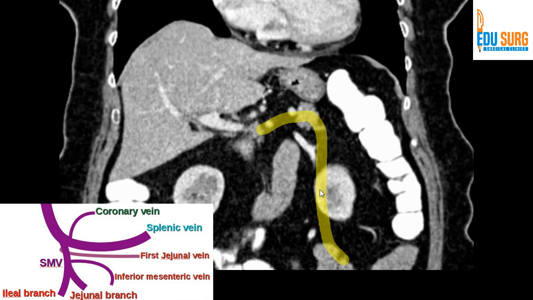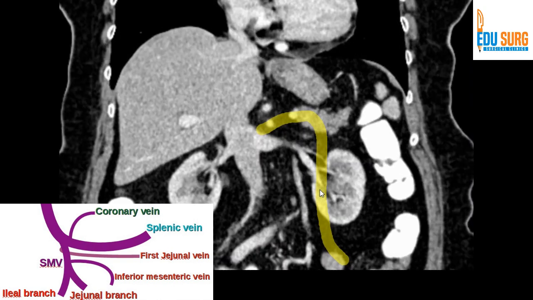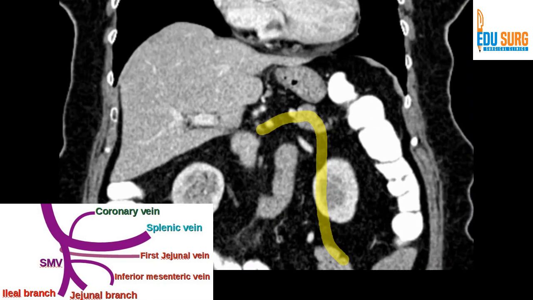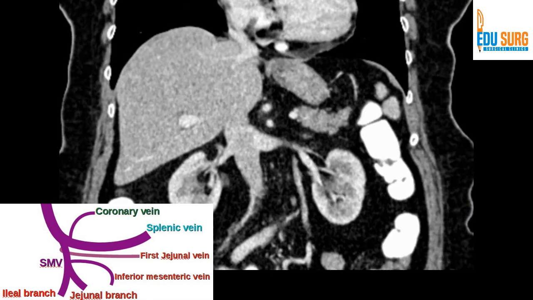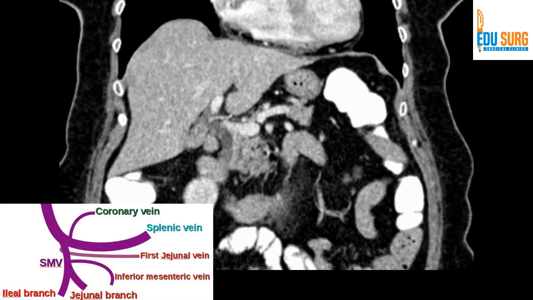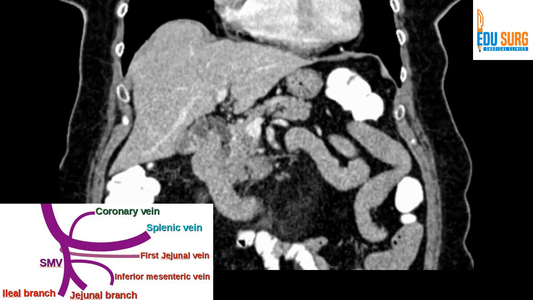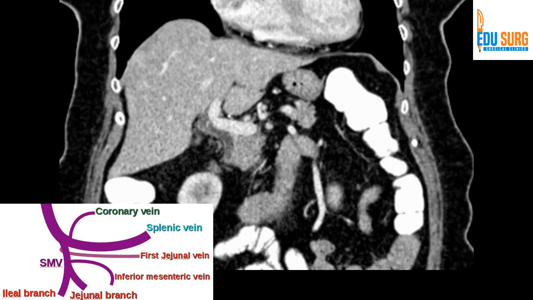Going here and going downward. This is how inferior mesenteric vein travels. It keeps going down towards the rectosigmoid area. So tracing it again, there you see the inferior mesenteric vein.